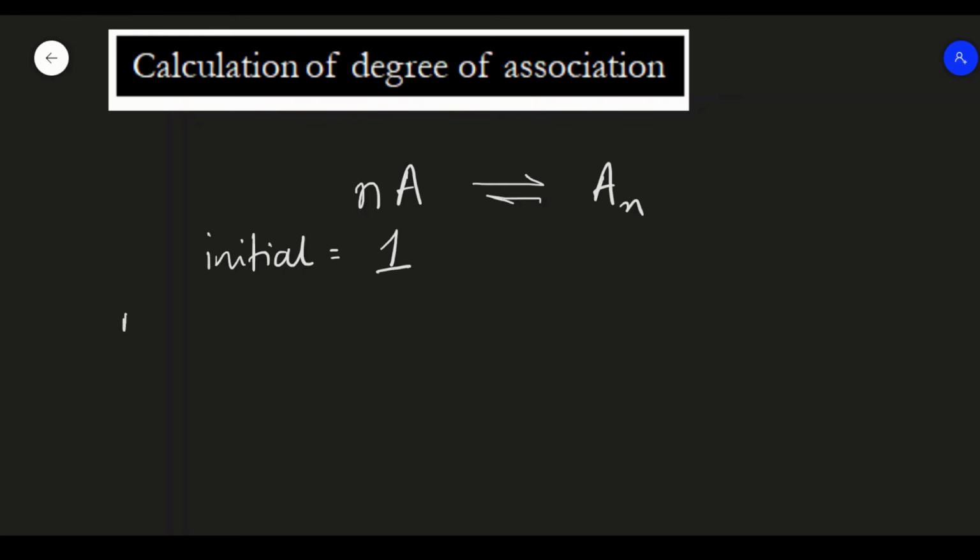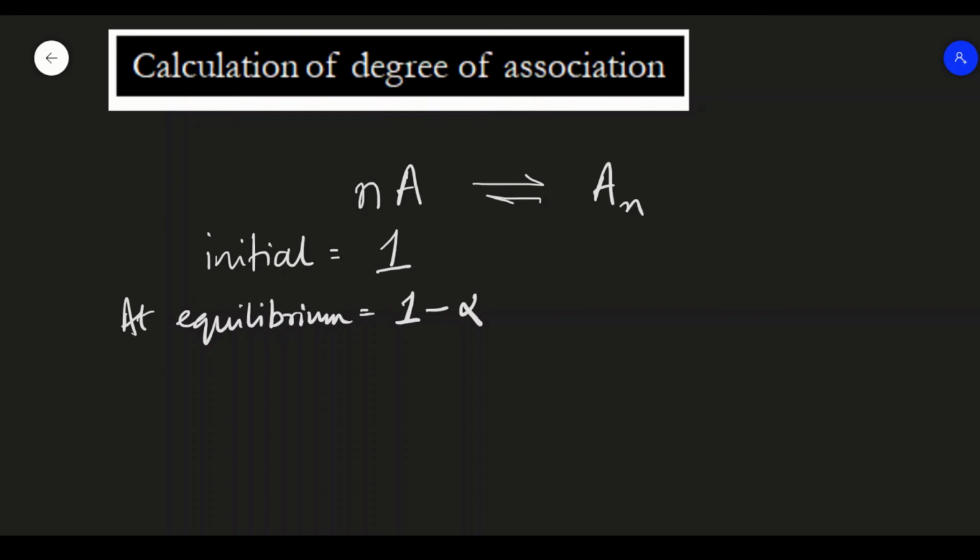So at equilibrium, the concentration of A that is left unassociated will be equal to 1 minus alpha.